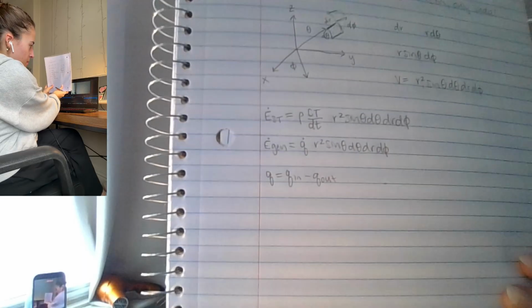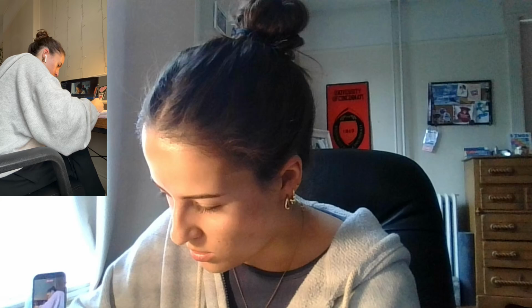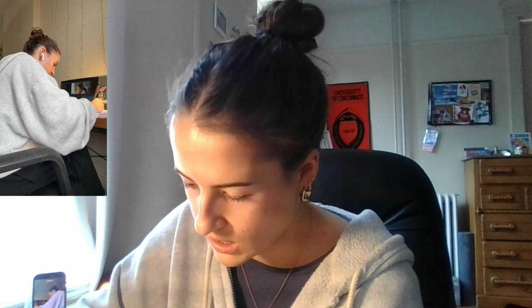So Q in minus Q out. And now we're going to look in each direction. So once again, we're going to use our Taylor series expansion to find the Q out. So that's when we extrapolate information we know at a certain position in order to find information we want to find at a position further along that function.